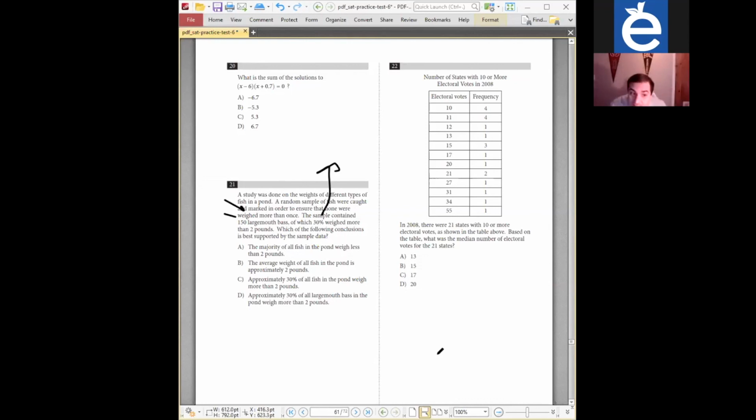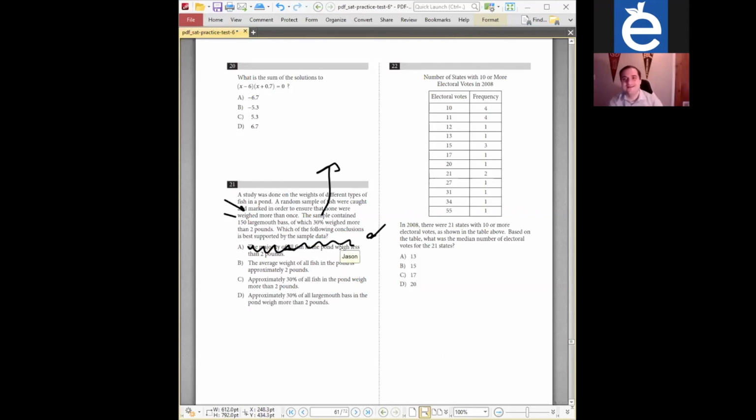So probably what we're looking for here is that 30% of the largemouth bass weighed more than 2 pounds. So let's look for that. The majority of all fish was less than 2 pounds. No, the majority of largemouth bass was less than 2 pounds. We do not know anything about the rest of the fish. And I understand that a lot of you probably know how big largemouth bass are vis-a-vis other fish. Do not draw that knowledge into this question.